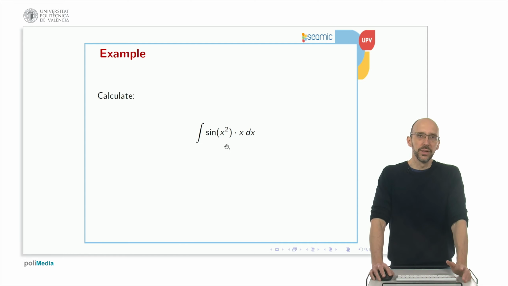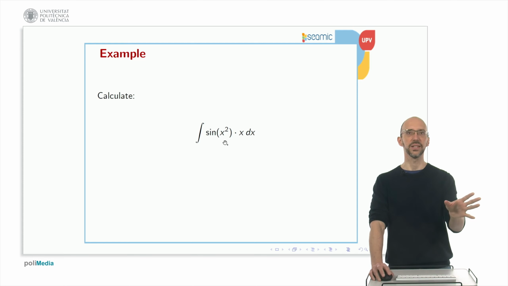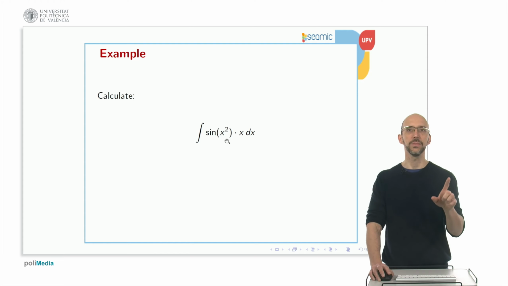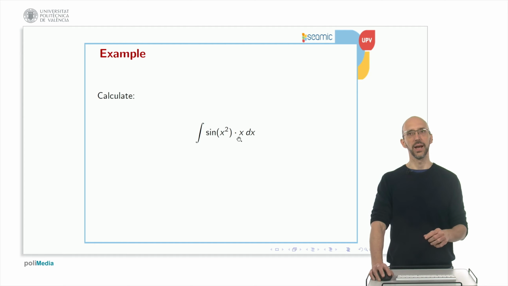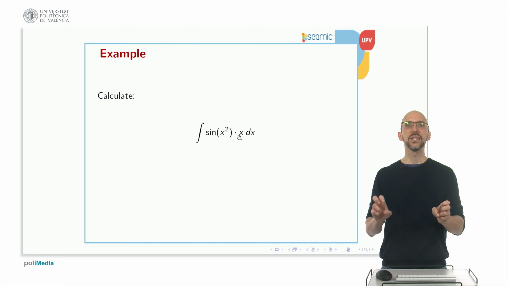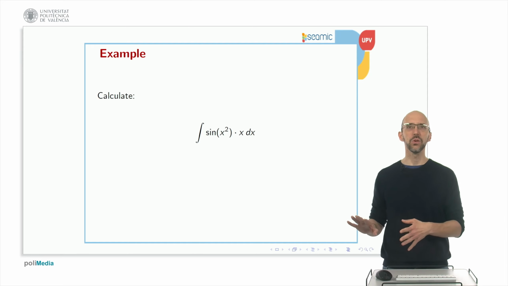Sine of x squared. I see the pattern. Sine of a function. The function is x squared. Is the derivative of x squared outside? The derivative of x squared is 2 times x. Okay, I have x, but I don't have 2. If x was missing, it's a completely different integral. Could be much more difficult.